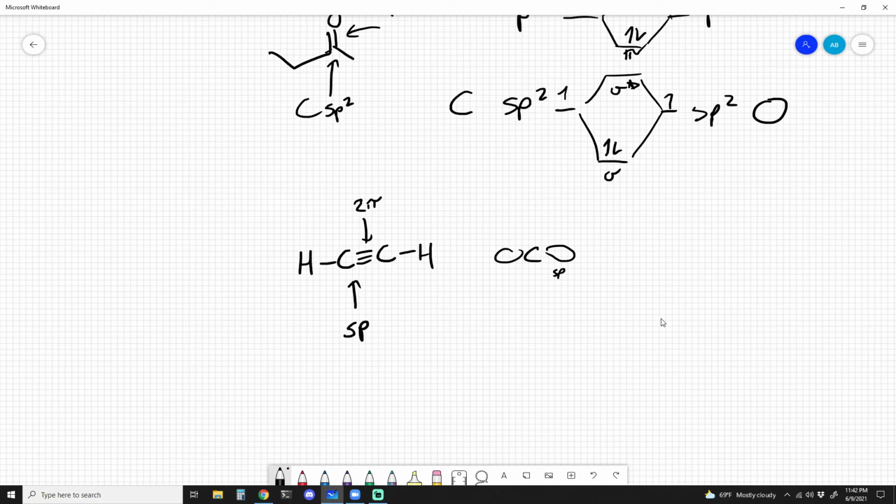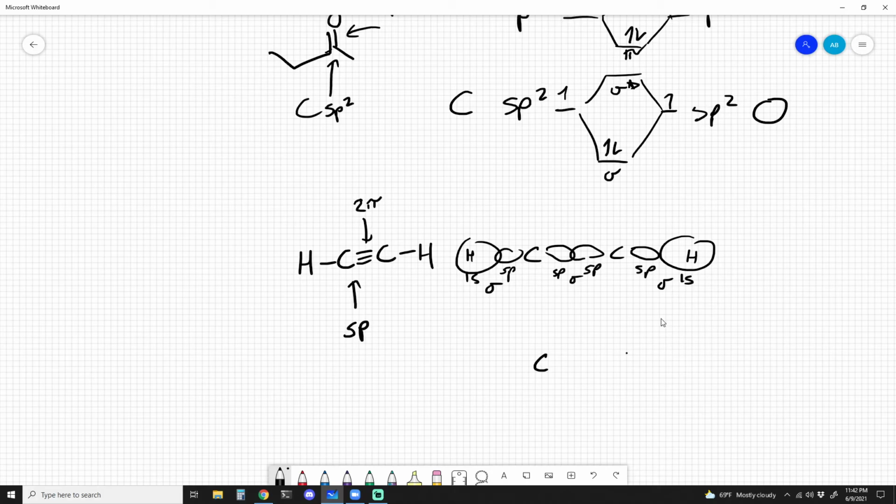You're going to have a sigma bond between the 2 sp orbitals. Then over with the hydrogens, those have your 1s. You're going to make a sigma bond between the sp and the 1s, so you have 3 sigma bonds here.